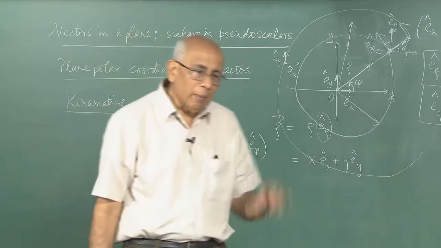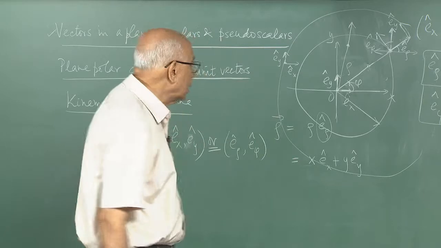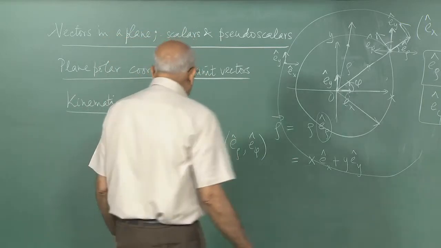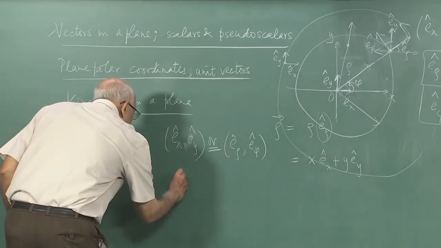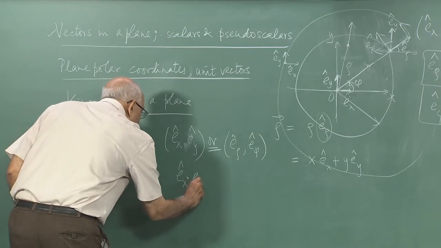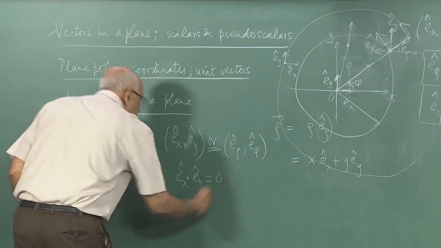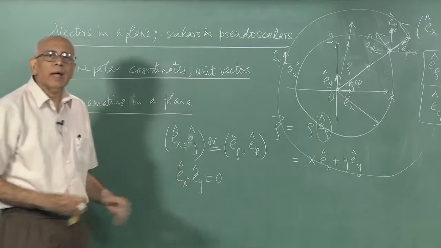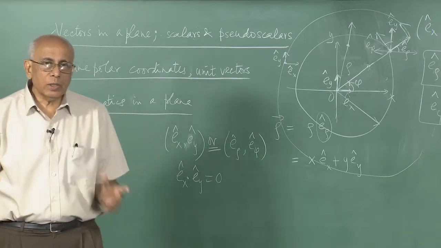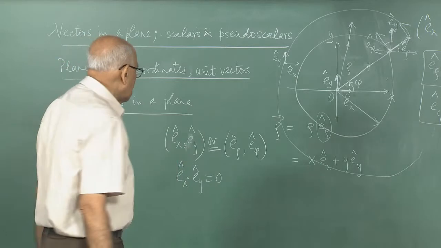So therefore it will depend on the location of the point in the plane, but they are unit vectors all the same. And just as we know that Ex dot Ey equals 0, because the cosine of the angle between them is cos pi over 2, which is 0, they are at right angles to each other.